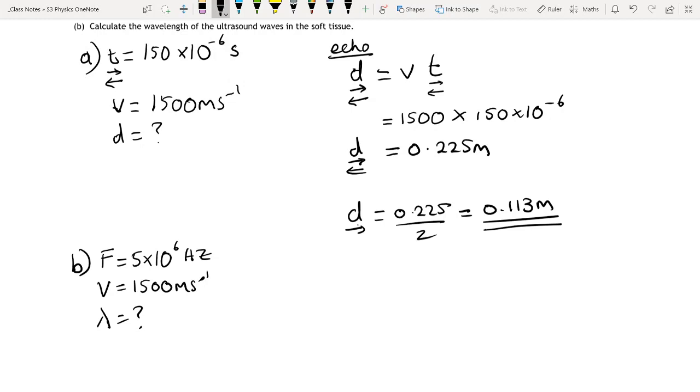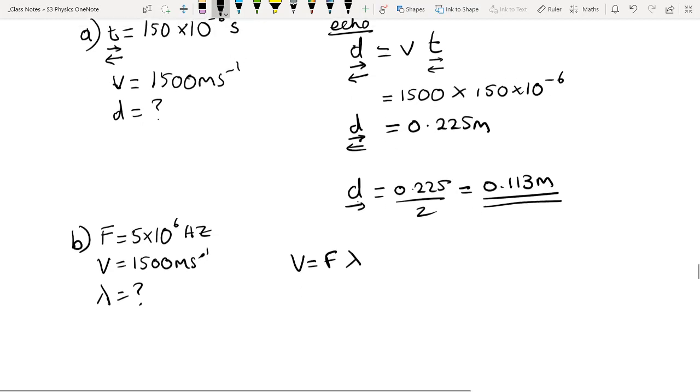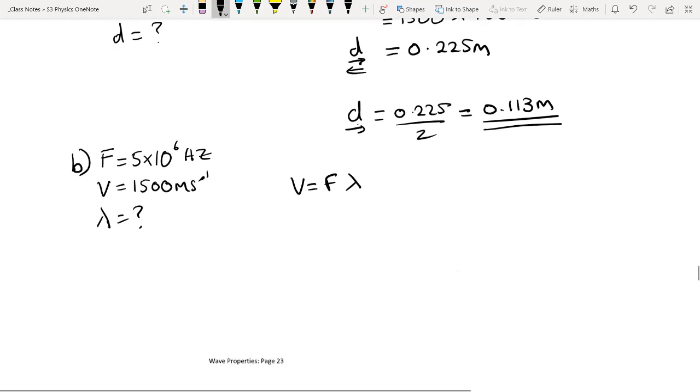So for part B, we've got the frequency, we've got the speed, and we want to find the wavelength. So we're going to use the old familiar equation that should be by now, v equals f lambda. So speed is frequency times wavelength. So 1,500 equals 5 megahertz, so 5 times 10 to the 6, times the wavelength.